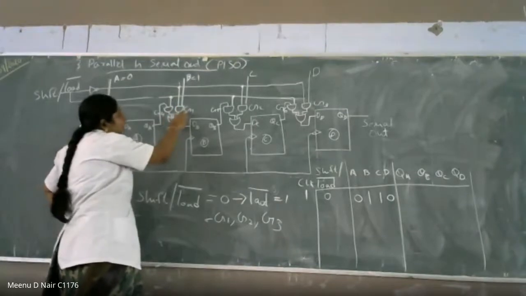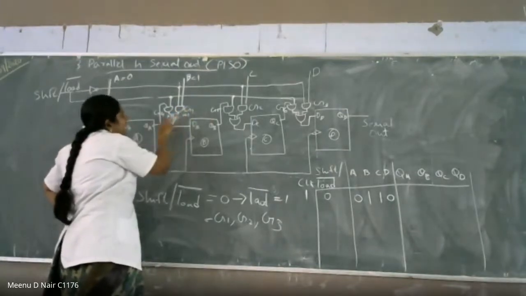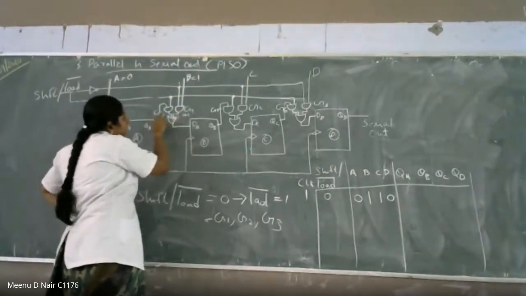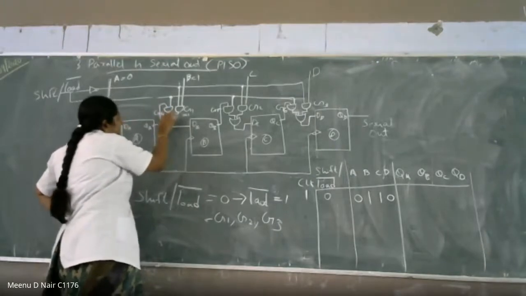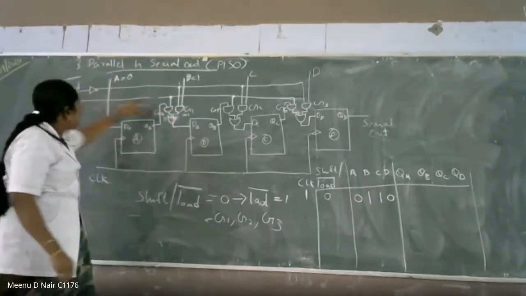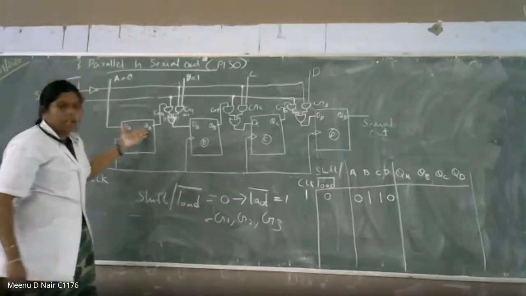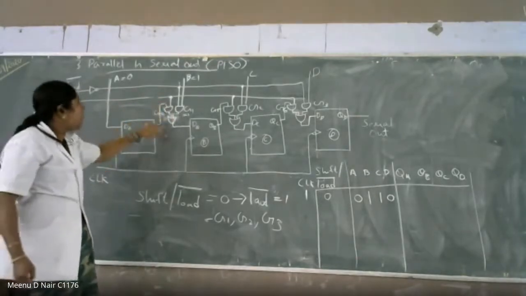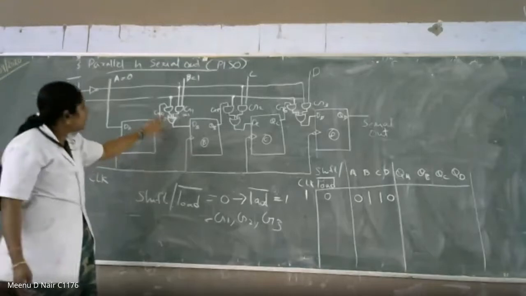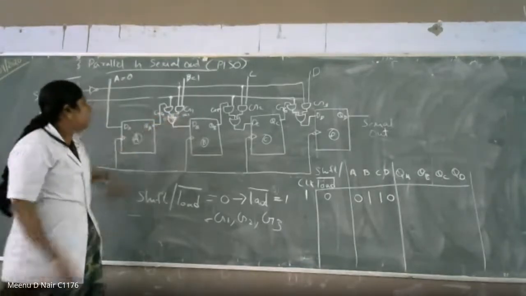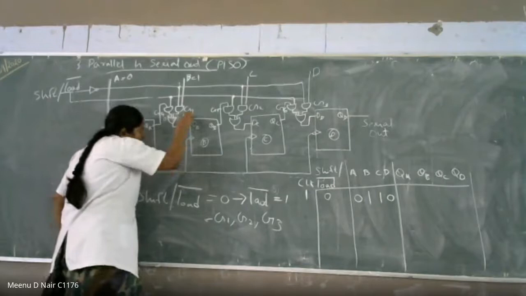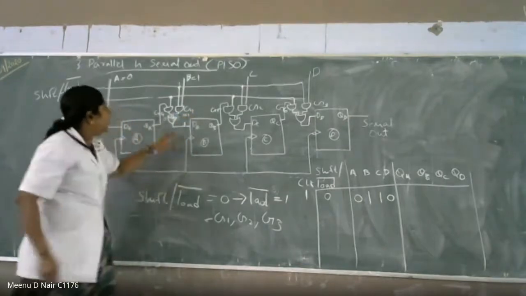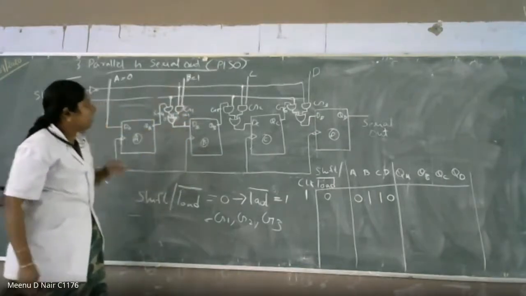So the output of G1 is equal to 1 and it is given to the OR gate, because the output of G4 is 0, since this line is 0. Whatever the input of 2A, it won't accept because this is 0, so the output will obviously be 0. So this point is 0 and this is 1. So what is the input to DB? DB is 1. So B is equal to 1, DB is equal to 1.